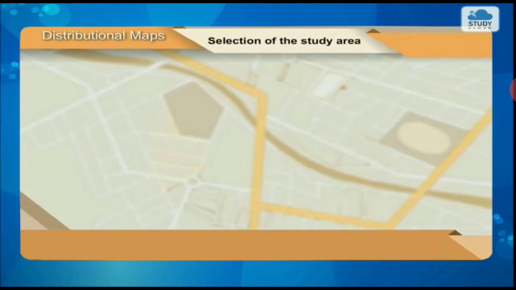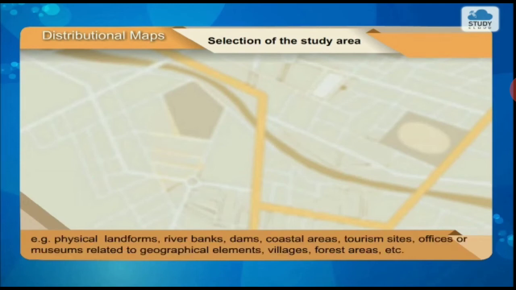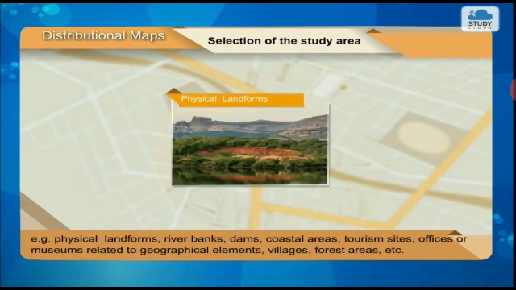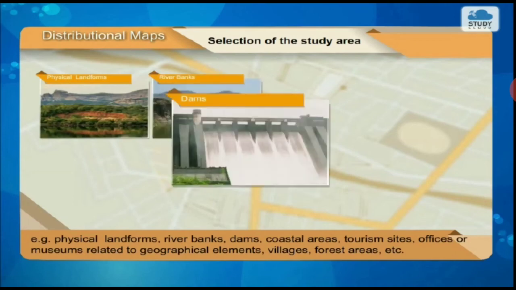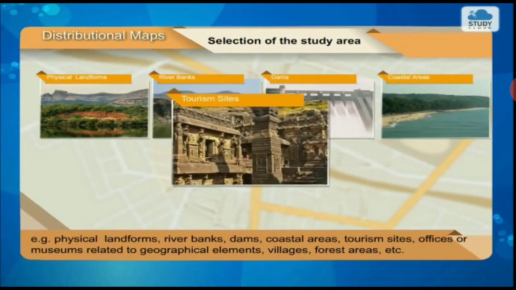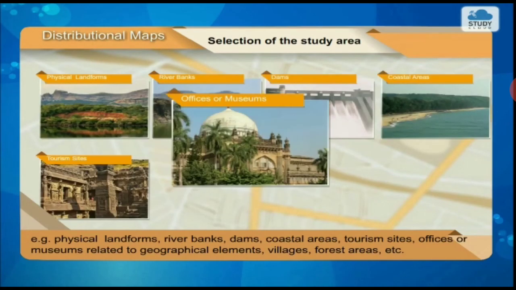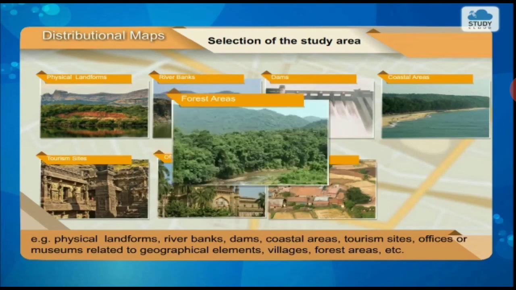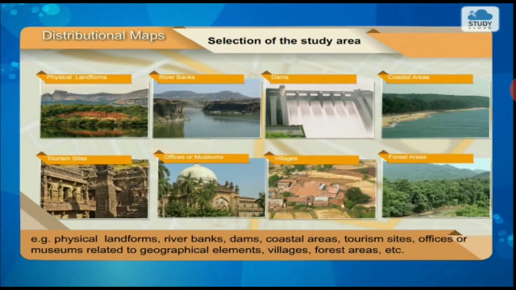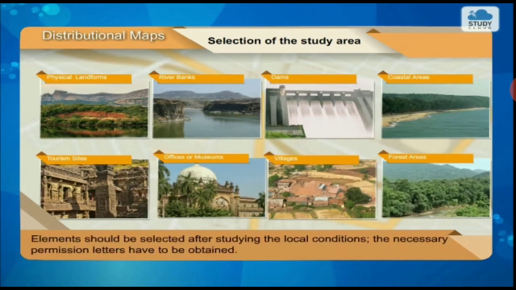Selection of the study area. Geographical field visits are organized for studies of various elements, for example, physical landform, river banks, dam, coastal areas, tourism site, offices, museum related to geographical elements, villages, forest areas, etc. Elements should be selected after studying the local condition.